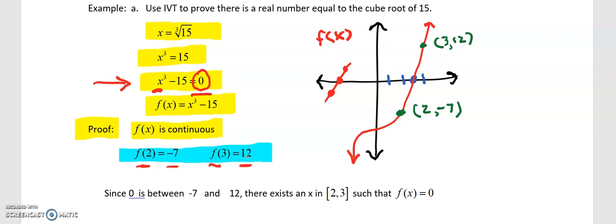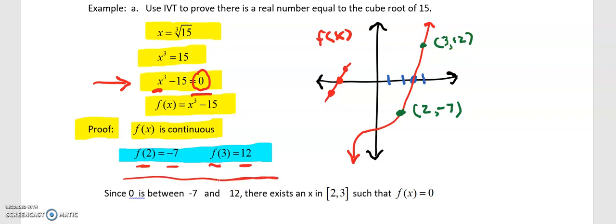Once you do that, I'll show you the graph over here, and then I'll explain the last step. This is the graph of f of x, which is x cubed minus 15. I've already plotted 2, negative 7, and I've plotted 3, 12, which are the values I found right here.